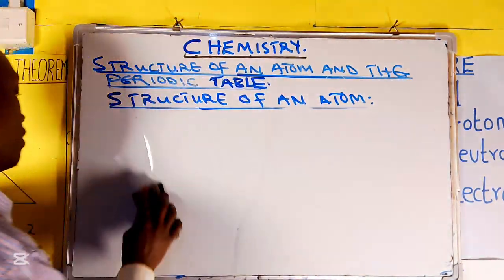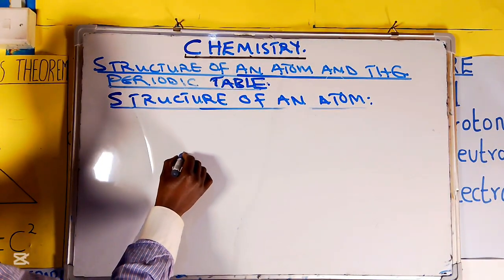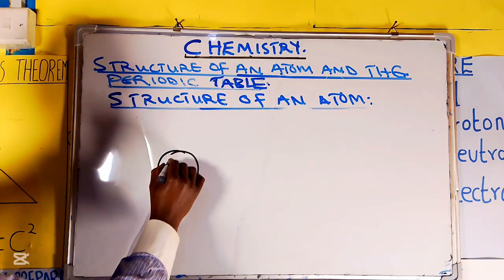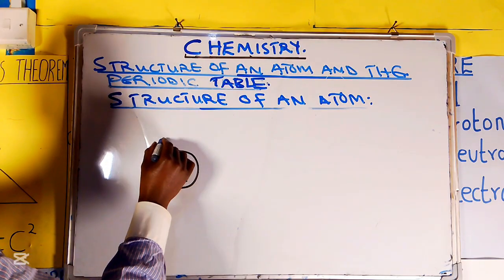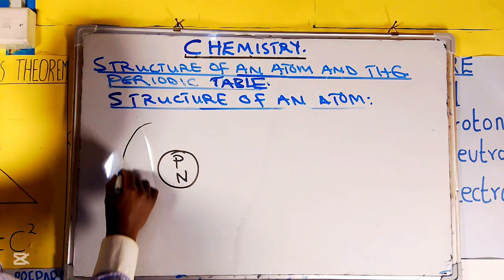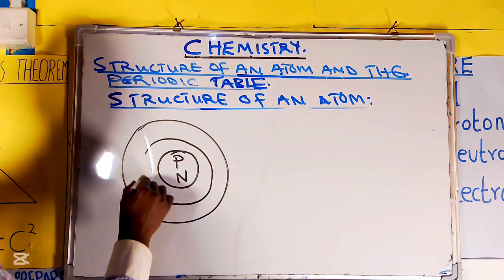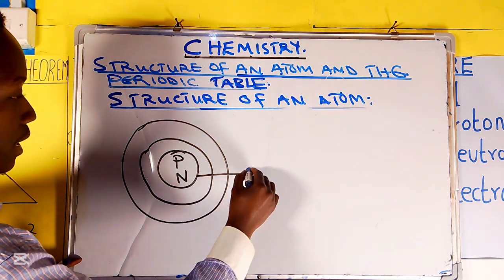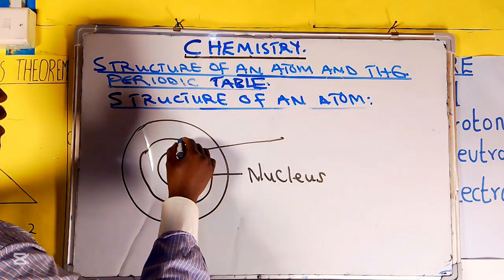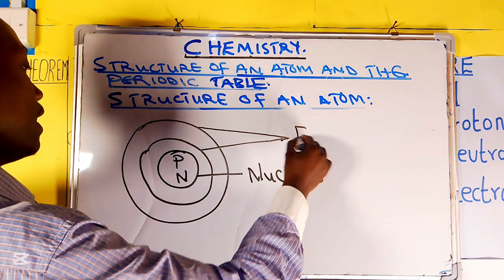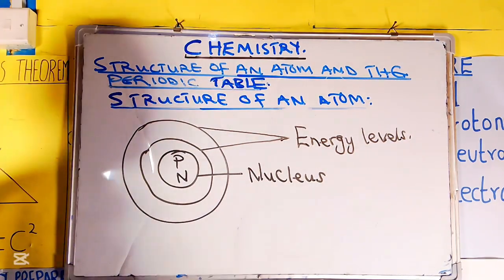An atom has a central point, which we call the nucleus, where the protons and neutrons are, and it has the part surrounding the nucleus, which we call the energy levels.